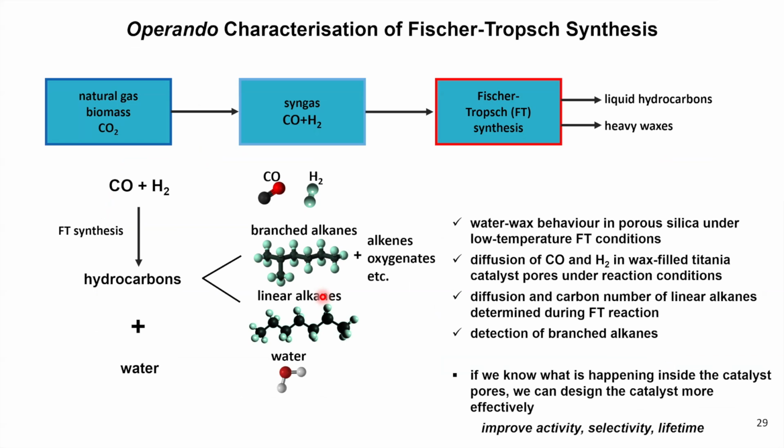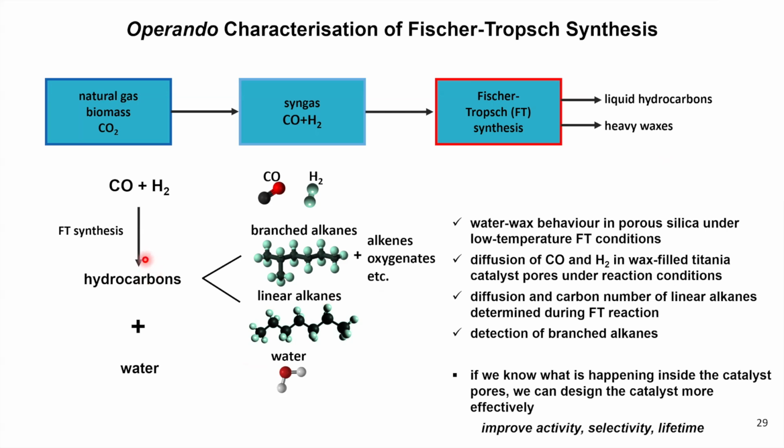The hydrogen could then be from electrolysis. And then in Fischer-Tropsch synthesis, you're producing basically liquid hydrocarbons and some heavy waxes. So this is one of the main hopes for producing synthetic fuel, sustainable aviation fuel. It's one of the main methods for that.